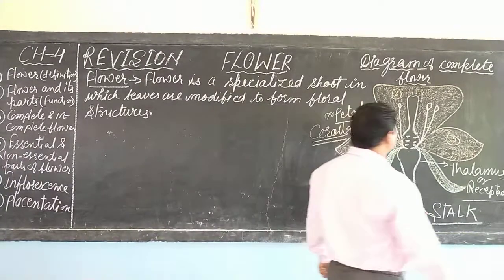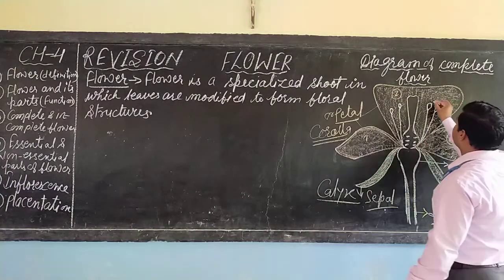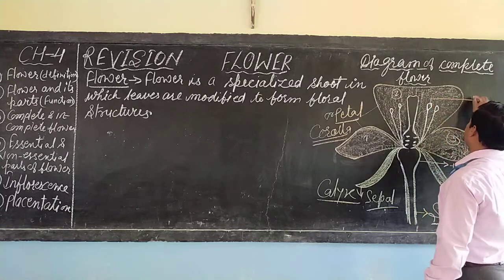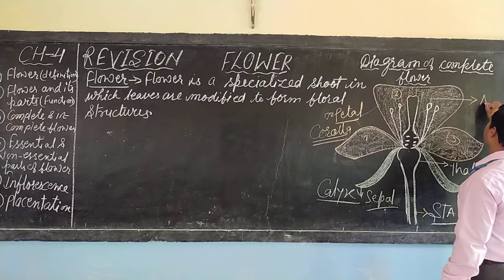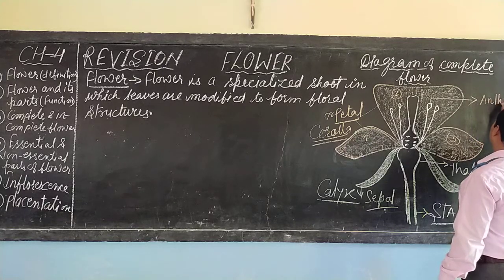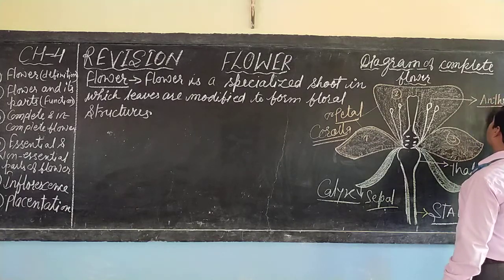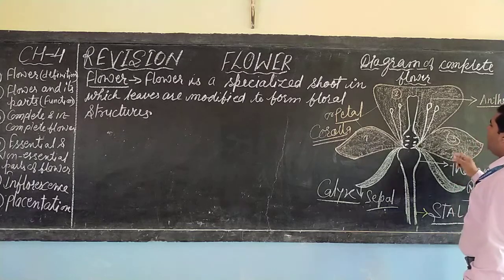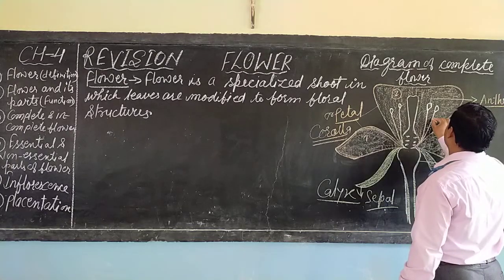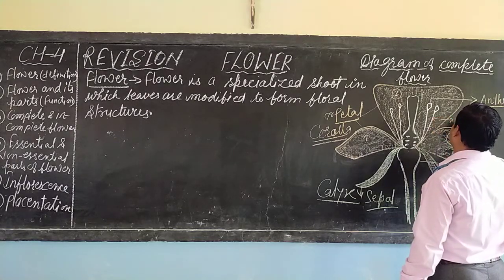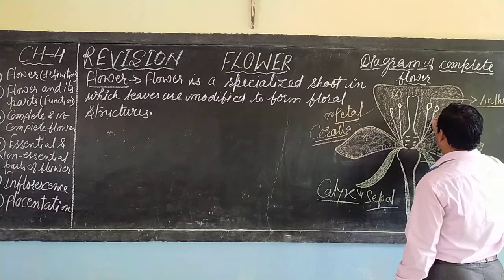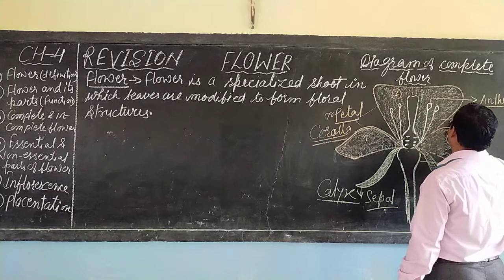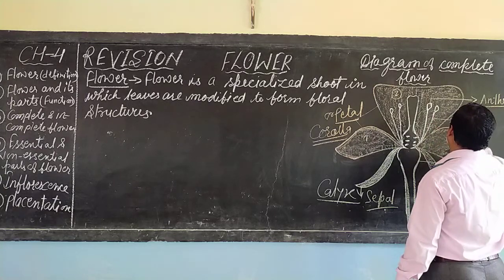Please pay attention here. You see here, dear student, this bilobe structure is known as anther, and the string type of structure is known as filament.